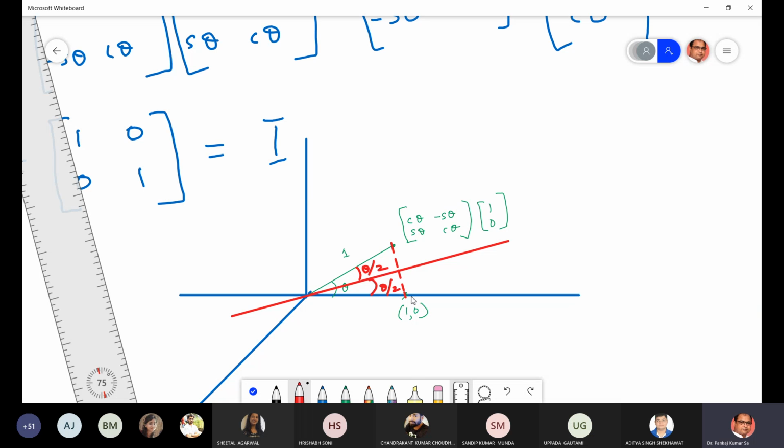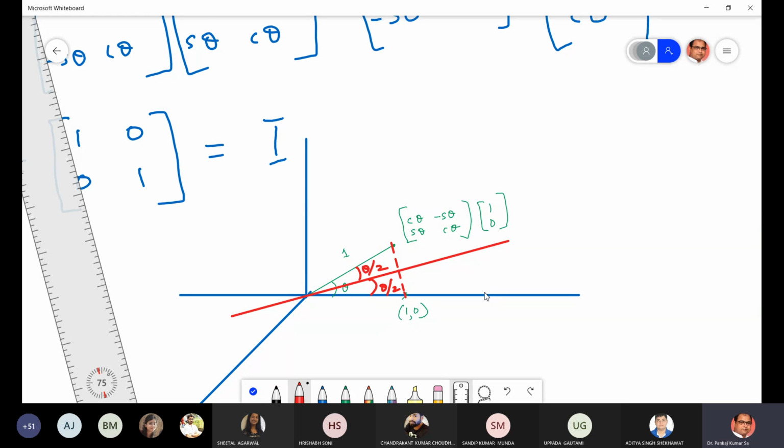Now this is all about the point 1 comma 0, and this is something like a reflection about a line which passes through the origin at an angle theta by 2. This point 1 comma 0, when rotated by an angle theta, makes this particular point. Similarly you can find out about any other point.